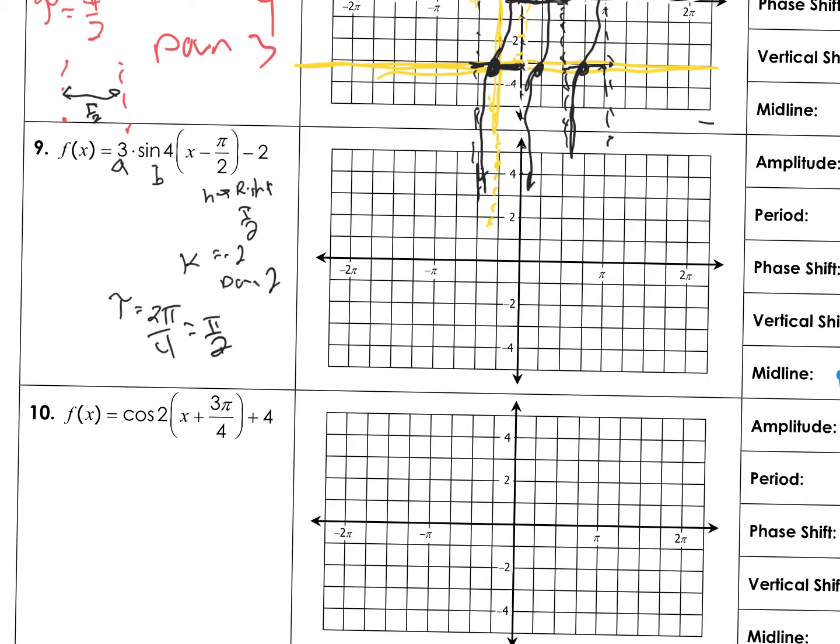We don't even use the amplitude, really. Down 2 from the 0. So here I'll do a really dark blue line here. That's my new pretend x-axis, if you want to think about it. That's my y-axis, I mean. No, my x-axis. My new pretend y-axis will be shifting to the right pi over 2.